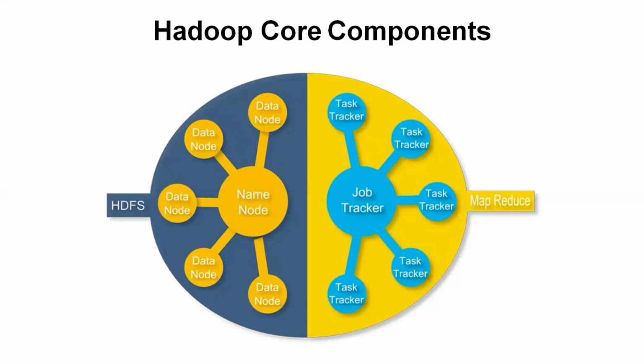Whereas if I am talking about MapReduce, the services related to the job tracker and task tracker belong to MapReduce. And one more component we have seen, the secondary name node, is also related to the Hadoop distributed file system. So one standard notation is that all the services related to storage belong to HDFS, such as name node, data node, and secondary name node.